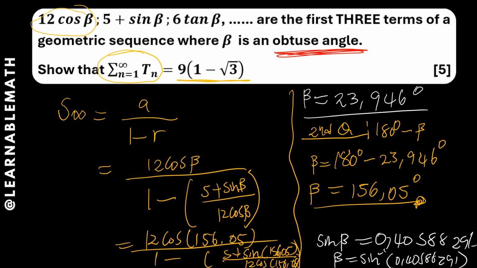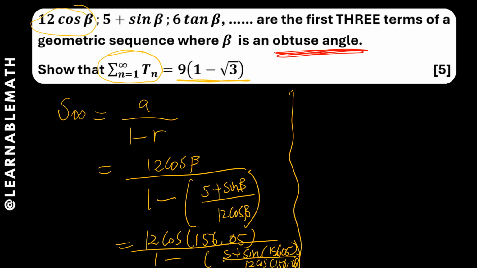Okay, I'm just going to punch this on my calculator and see what I get. I'm getting minus 7.3460833329.